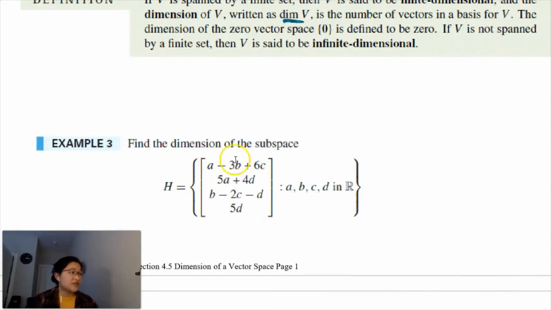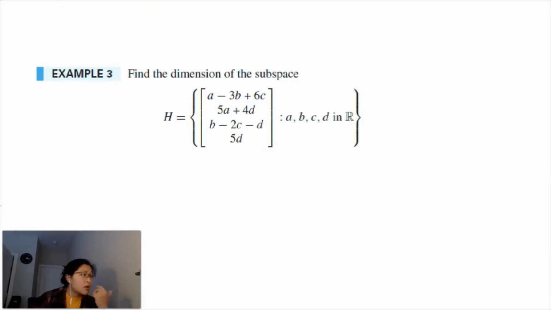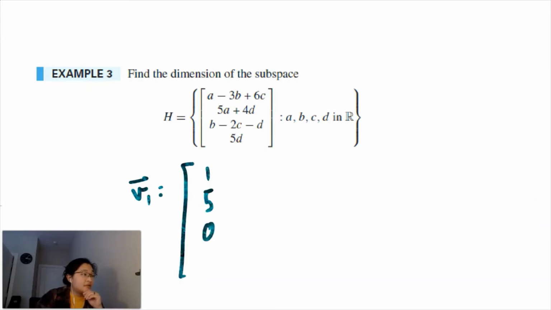So pause the video and think about how you're going to find the dimension of the subspace H, where a, b, c, and d are all real numbers. We can represent this subspace with a linear combination of vectors. V1 has the coefficients of our a's: 1, 5, 0, 0.